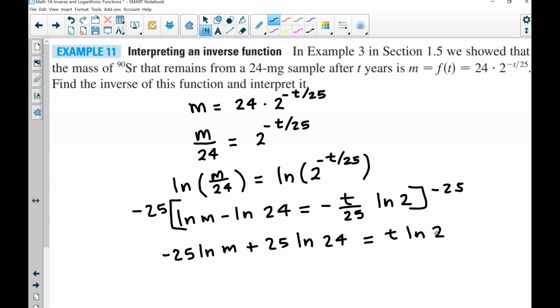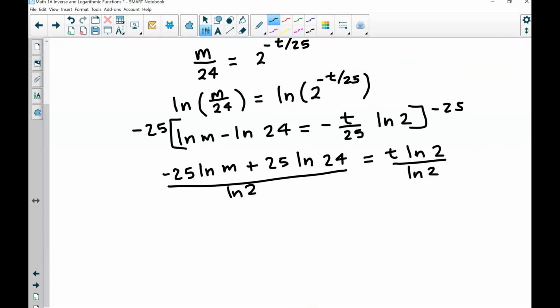So now if we solve for t and divide both sides by the natural log of 2, we can rewrite this using the positive value first. We would have 25 times the natural log of 24 minus 25 times the natural log of m over the natural log of 2.